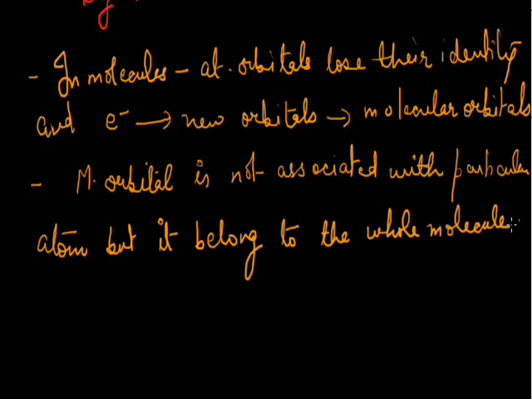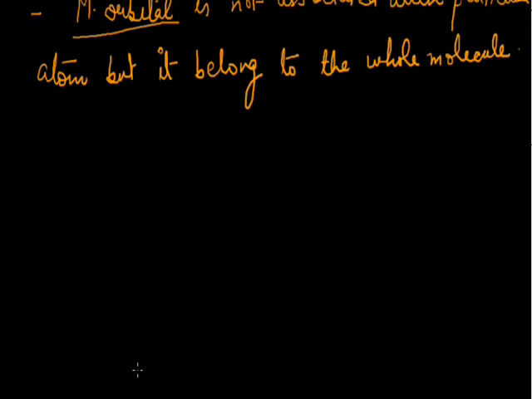So according to this theory, whenever the atomic orbitals combine together, they lead to the formation of new orbitals called molecular orbitals, and such orbitals are the orbitals of the whole molecule, not of a particular atom. Now we shall have a look at the salient features of molecular orbital theory.